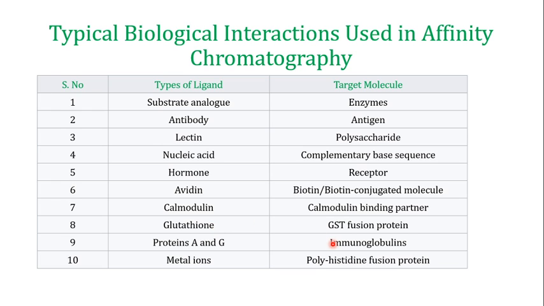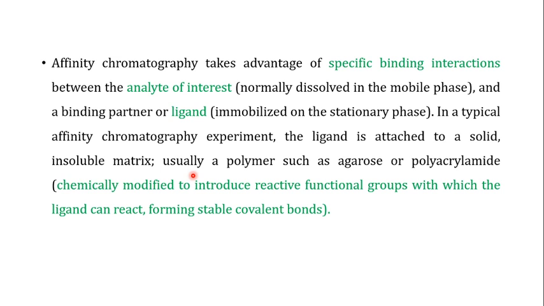For immunoglobulin, you can utilize protein A and G as the ligand, and polyhistidine fusion proteins can be purified from the mixture utilizing different metal ions that we will see in a while. So these are the typical biological interactions that are utilized in affinity chromatography to purify the target molecule from the mixture utilizing these specific ligands.